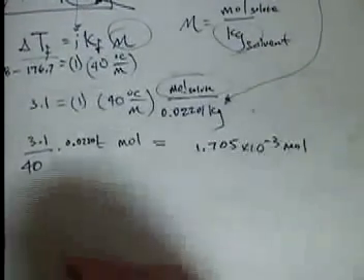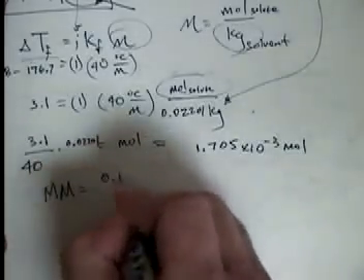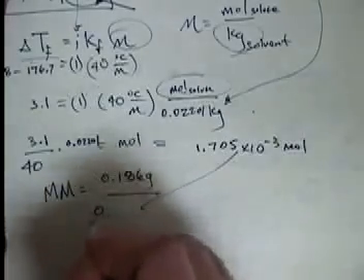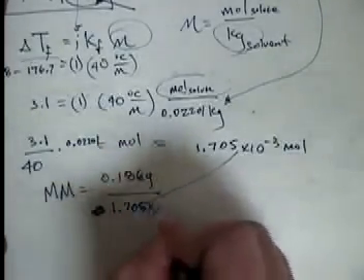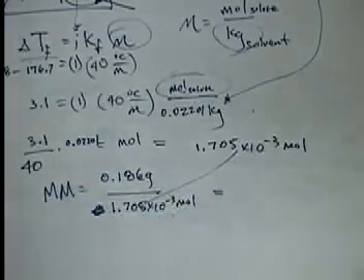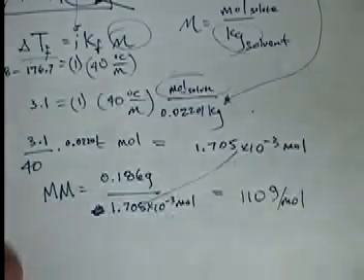Sliding this up just a little bit, we can now find the molar mass. The molar mass is our 0.186 grams divided by the moles that we just found, 1.705 times 10 to the negative third moles. Our grams per mole turn out to be approximately 110 grams per mole.